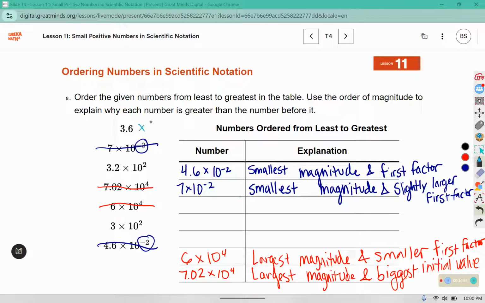Next on our list, remember this has an order of magnitude of 0. So that one's going to come next because 0 is smaller than 2. Now between 3.2 times 10 to the second and 3 times 10 to the second, 3 would be smaller than 3.2.